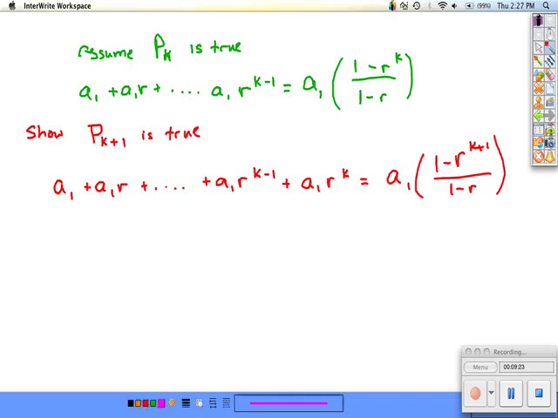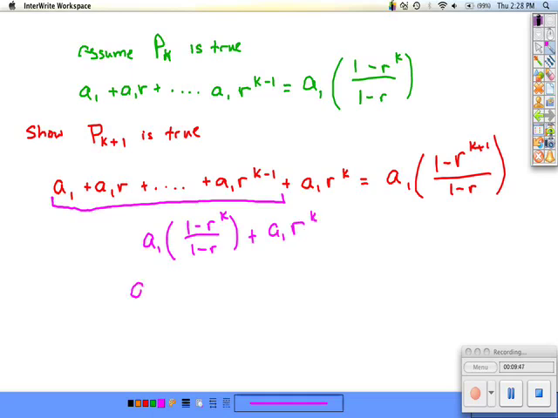We want to take the left side here and use our assumption to show that this is true. All of this stuff, we assume that that is equal to a1 times 1 minus r to the k over 1 minus r. Now we can factor out a sub 1.